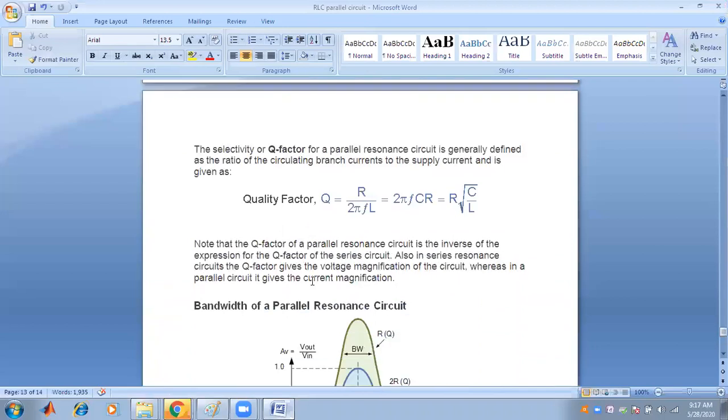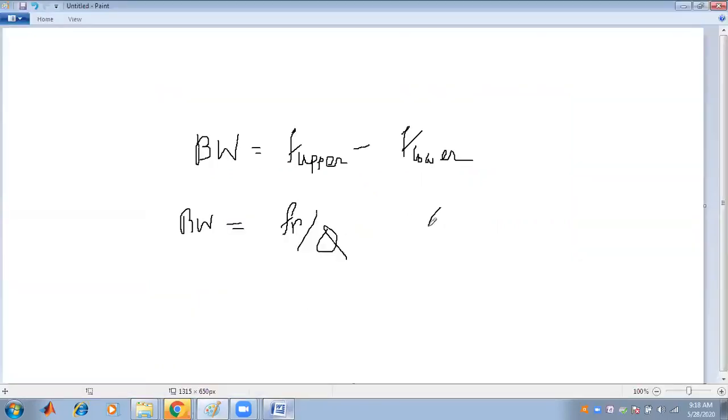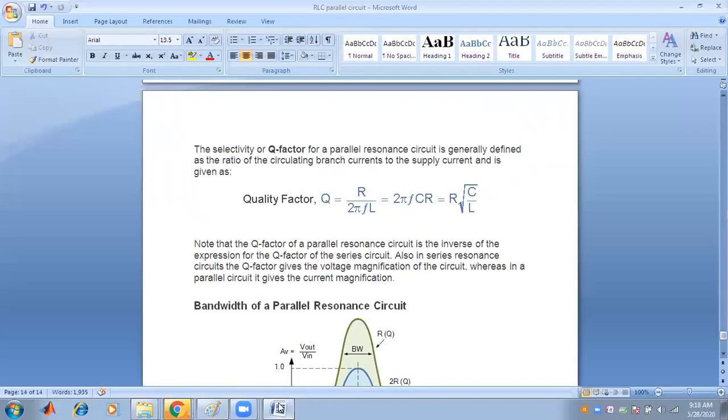Now the quality factor for a parallel resonance circuit is generally defined as the ratio of the circulating branch current to the supply current.